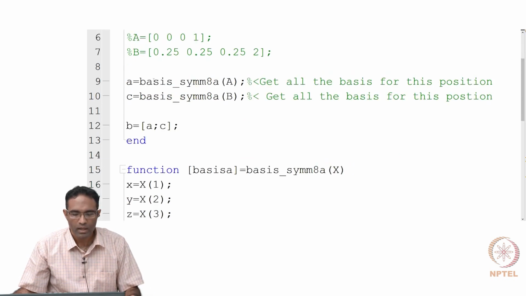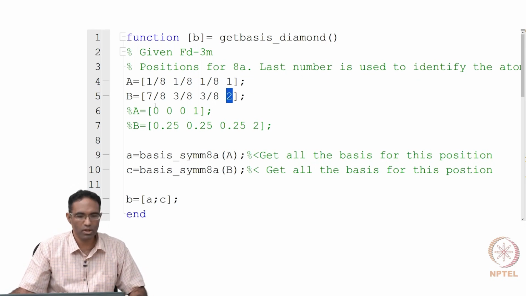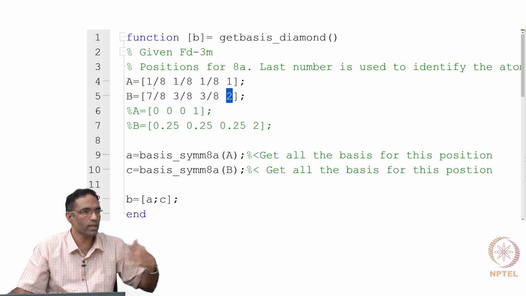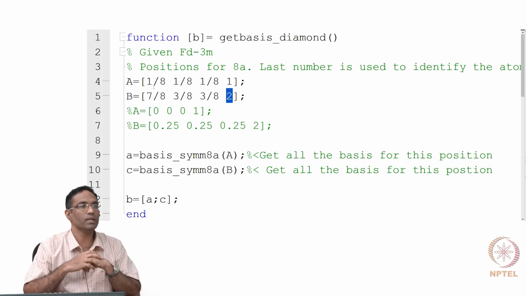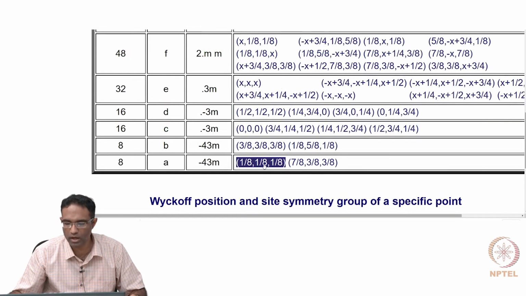Okay, now it is not enough that I just do this, because there are just two basis atoms, but you will know that diamond structure has more than that inside one particular unit cell. You have just given two atoms right here. So how do we generate the other atoms? Okay, and even in the crystallographic website, you don't have anything else given right here. You just have these two, right?